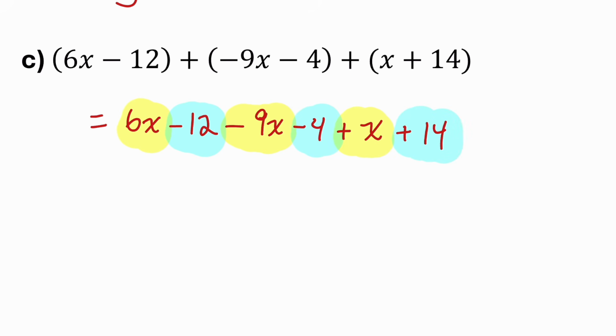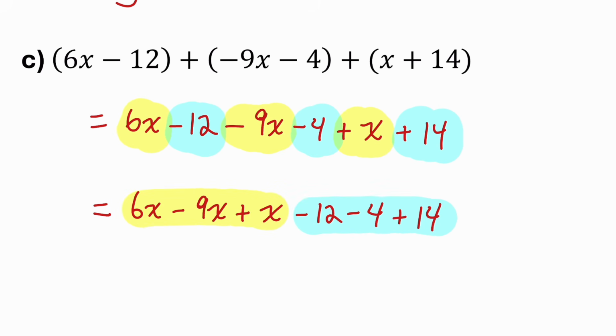Let me rewrite this expression with like terms beside each other. And once again, notice when I move a term, I keep the sign to the left of it. So this negative 9x gets moved here with that negative sign still beside the 9x. And then collecting the like terms in each group, 6x minus 9x plus 1x, just add or subtract the coefficients.